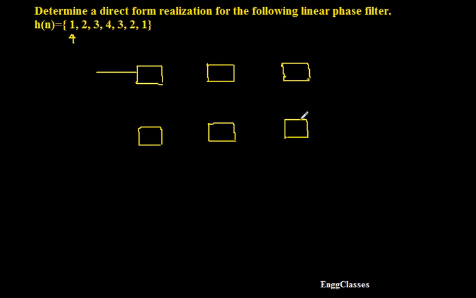Done. So every block is a delay element, which is represented as z to the power minus 1. They are all the delay elements. This is also z to the power minus 1, z to the power minus 1, z to the power minus 1. Correct?